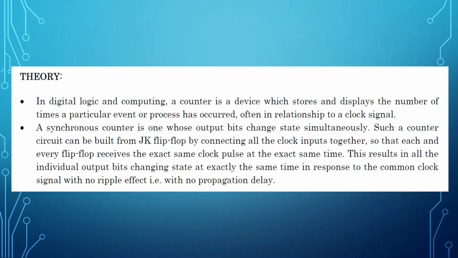Moving on, a little bit of theory with respect to counters. In digital logic and computing, a counter is a device which stores and displays the number of times a particular event, sequence or process has occurred, often in relationship to the clock signal. You would have seen a speedometer.